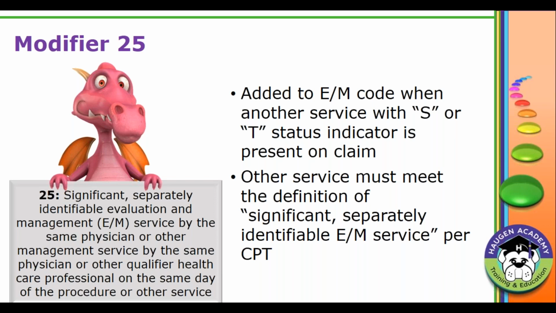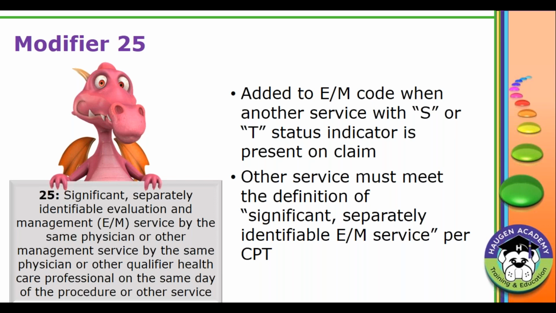First of all, it's added to an E&M code when there is another separate service that has a status indicator S or T on the claim. Our S and T status indicators under OPPS are those procedures that are surgical in nature. Your E&M procedure must meet the definition of a significant, separately identifiable E&M service according to CPT.